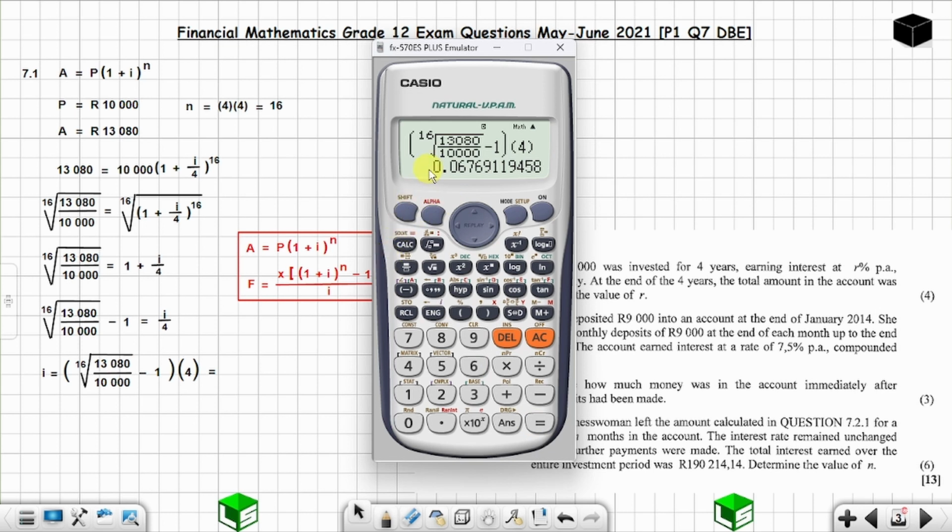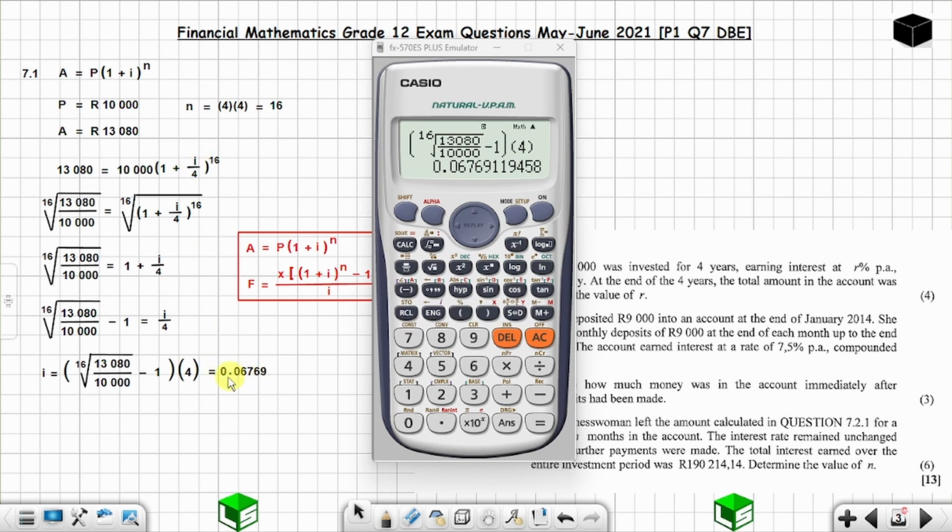Now you have 0.06769. Okay, so the percentage, you have to get it in the percentage. Remember, when you put I in there, you have it in decimal.